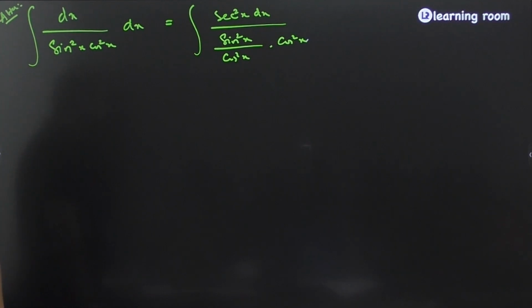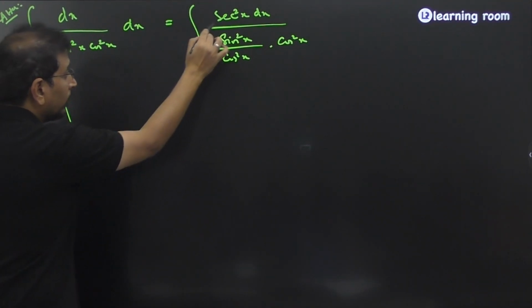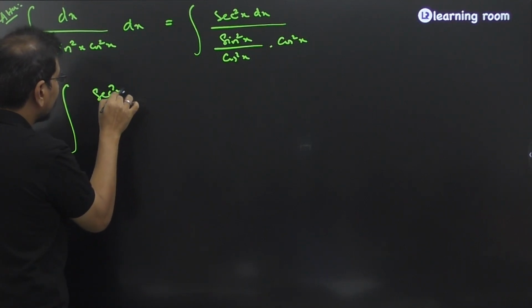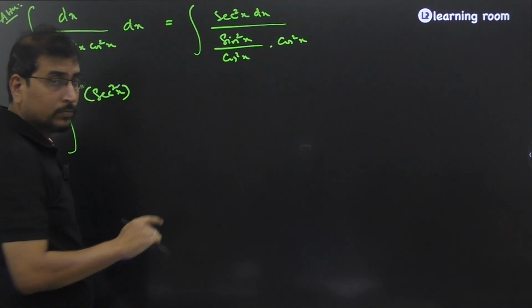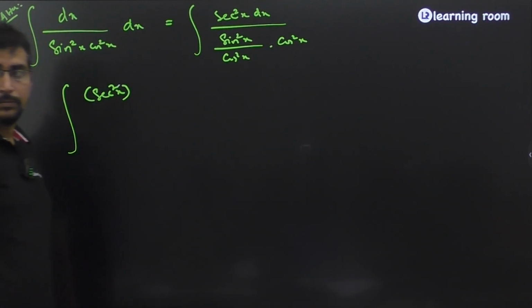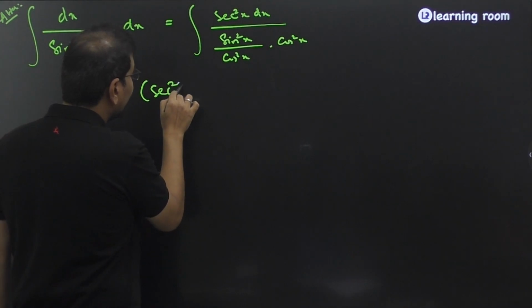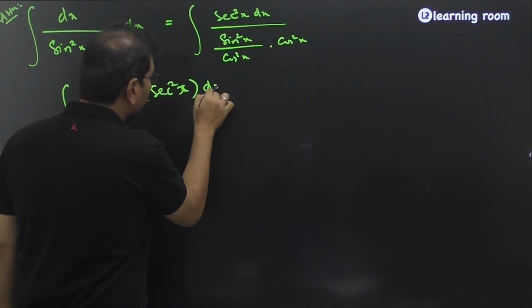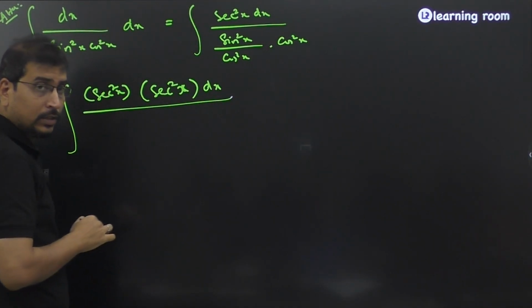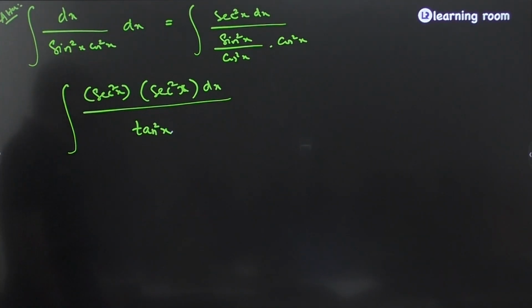Are you able to understand? Right. Now listen, the integral of this secant square x, I am leaving it as it is. I have one more 1 by cos square, which is going to be secant square. So don't write it as secant power 4. I'll tell you why. The whole divided by sin square x by cos square x, which is tan square x. Makes sense?